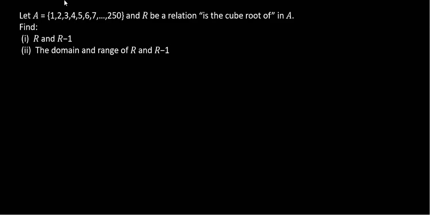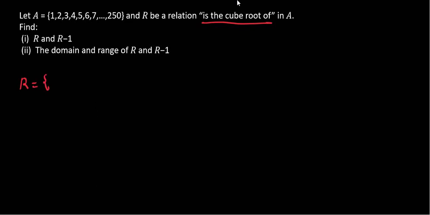In that situation, they are saying what is the relation exactly? The relation is this one. They are saying it is the cube root of, that's a cube root, right? Of x in A. So what do you do in this situation?